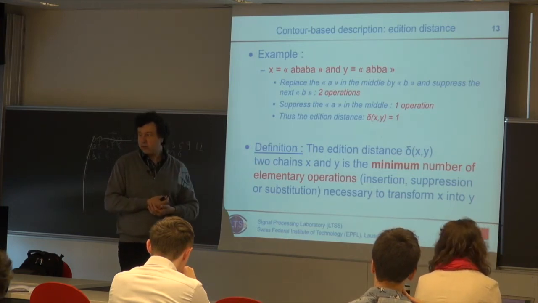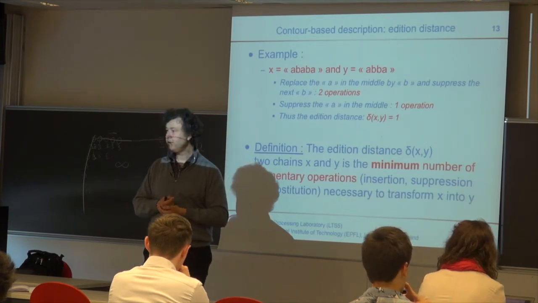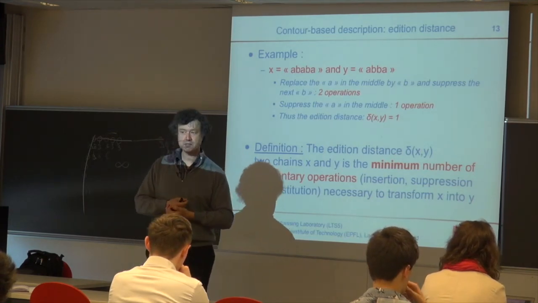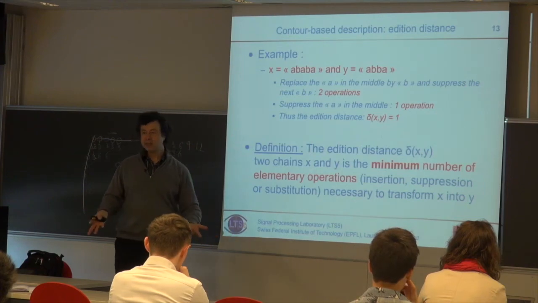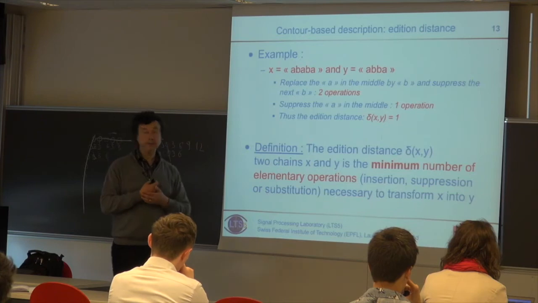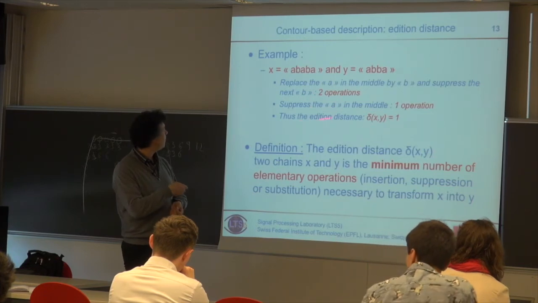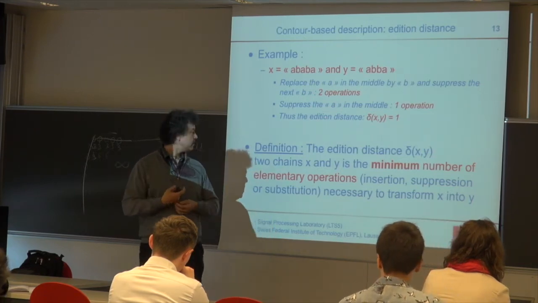I'm stupid, but I can do that. Then it would be 2001 operations, so the distance would be 2001. Obviously, the right answer is the minimum of all of them. So the right answer is obviously 1. I can replace A by a B and then suppress the B, or I can suppress the B, and that's it. So that's the beauty.